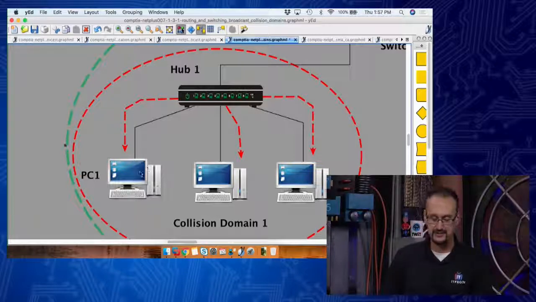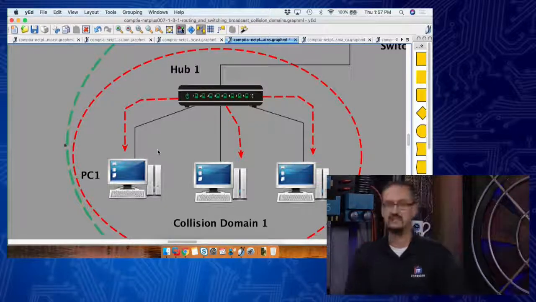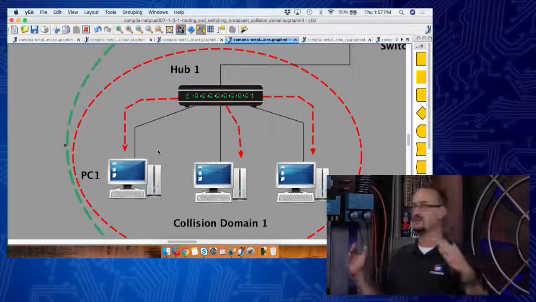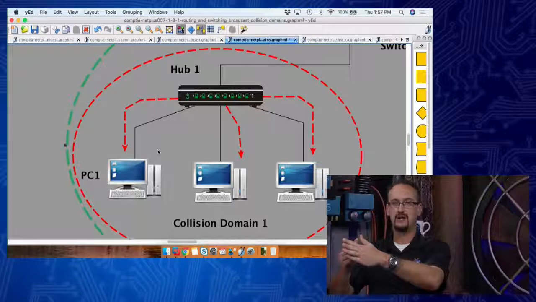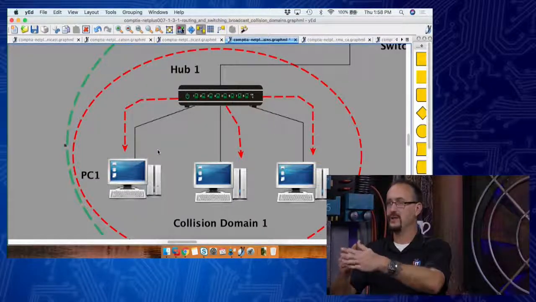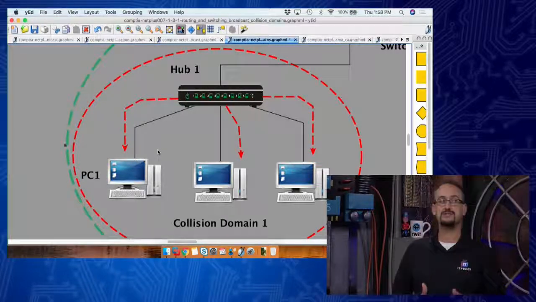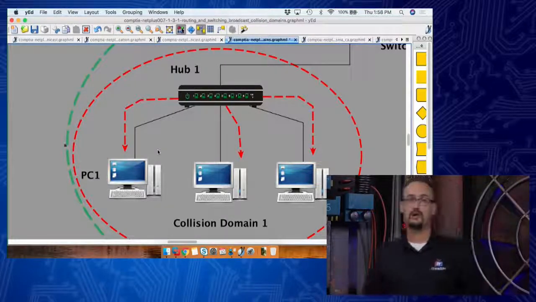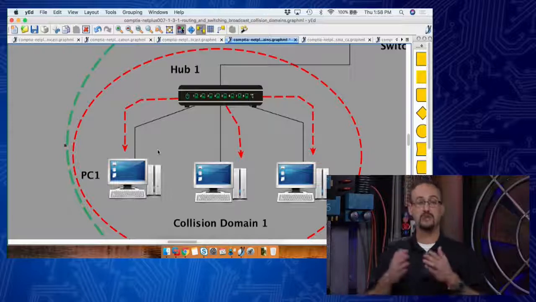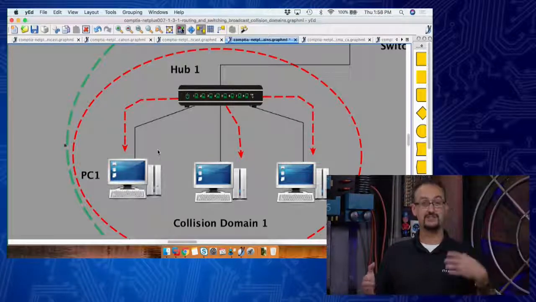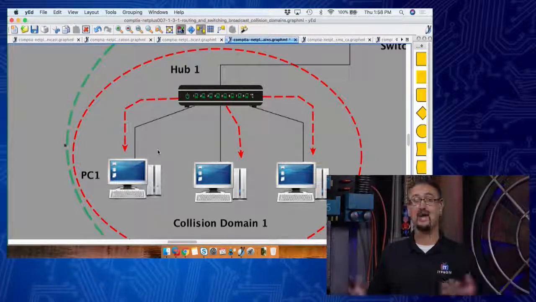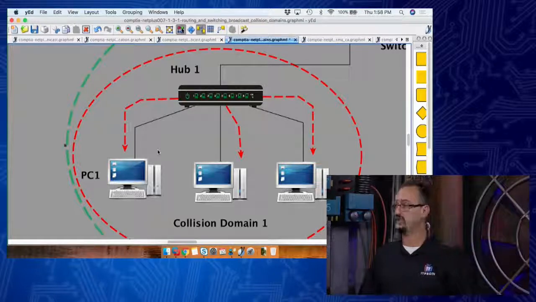That means there's a potential for two of these PCs, if not all of these PCs, to try to send information into the hub at the same time, and we get an electrical collision. That's what's known as a collision domain. And you have to understand that anytime you put a hub in your networks, you increase the contention because it's all broadcast communications, and you actually degrade the performance of your network.